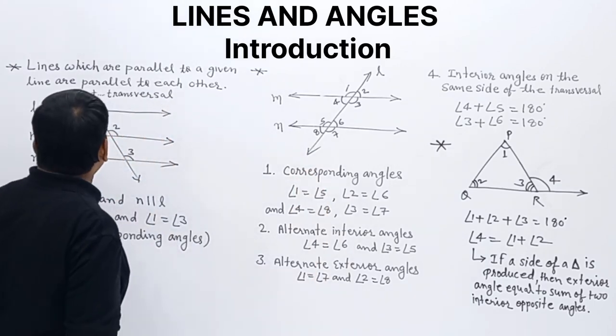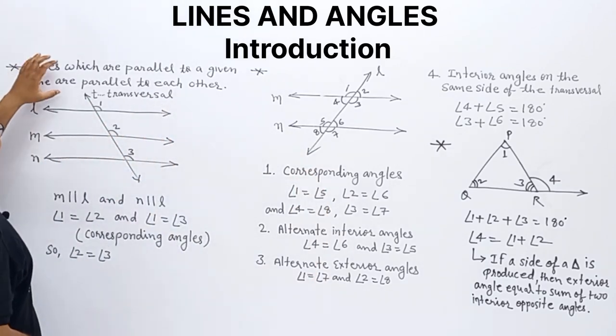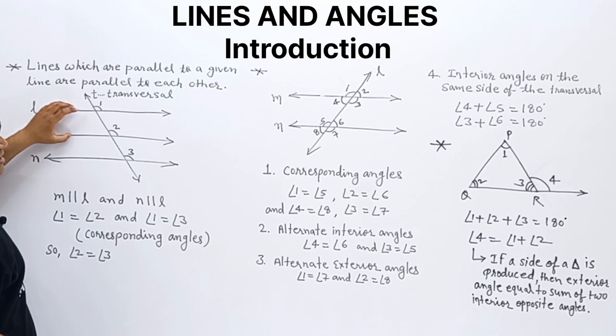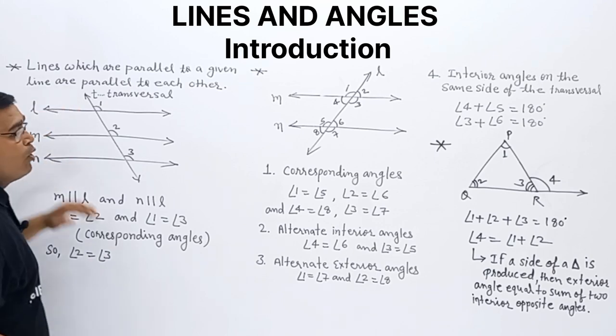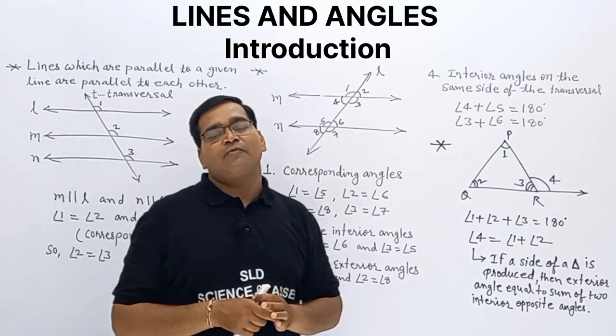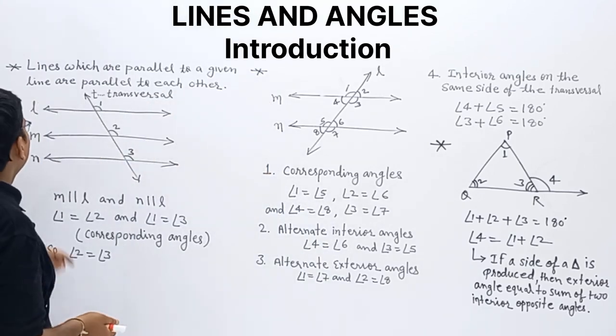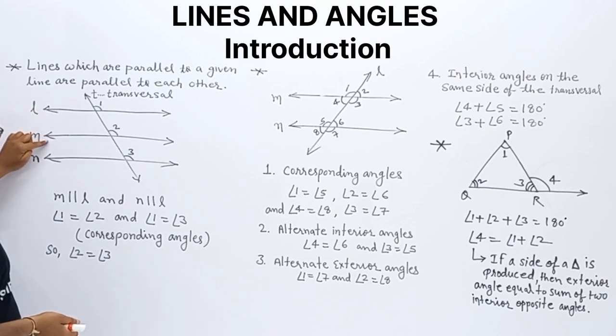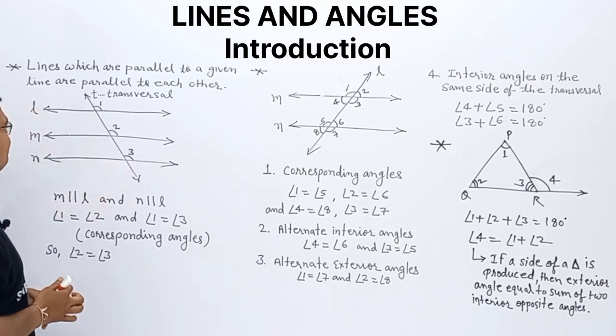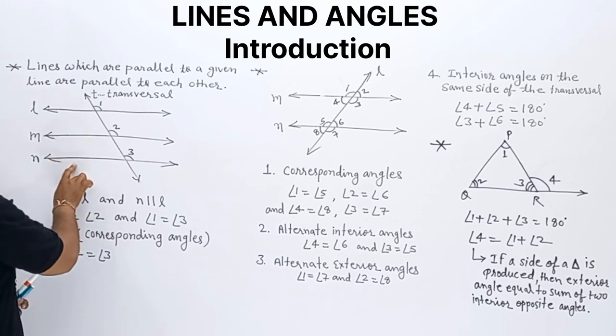Or what we can say, two parallel lines, and one more line which is parallel to these two. Then what will we do? If this is parallel to this one and these two lines are parallel to this one, then we can say the first will be parallel to this one and this will also be parallel to this one.